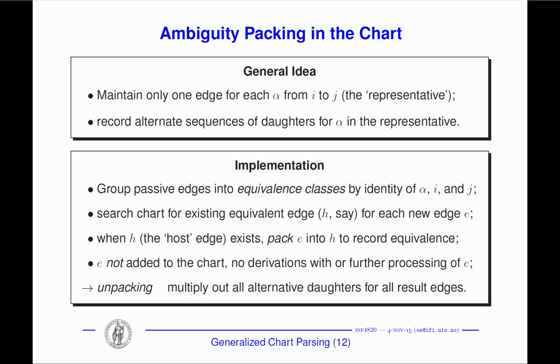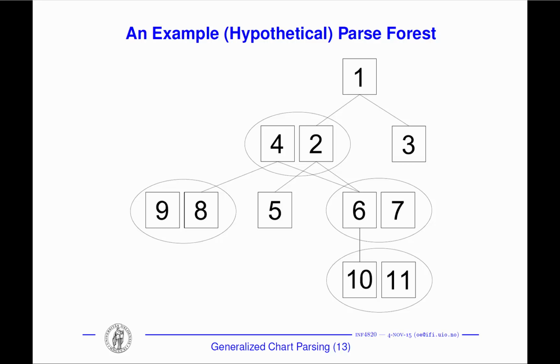So the back pointer in the forest, if we implement it that way, will go to 2. And 2 is h. We're not creating a new object x. We just keep the one that came along first and sort of augment it with the back pointers.